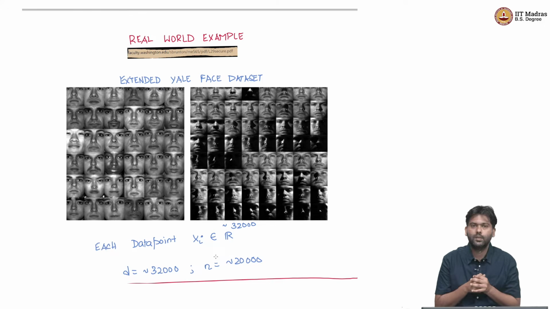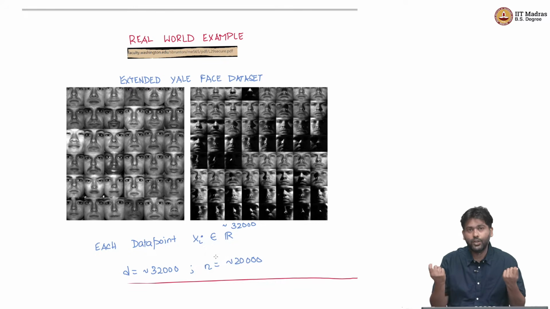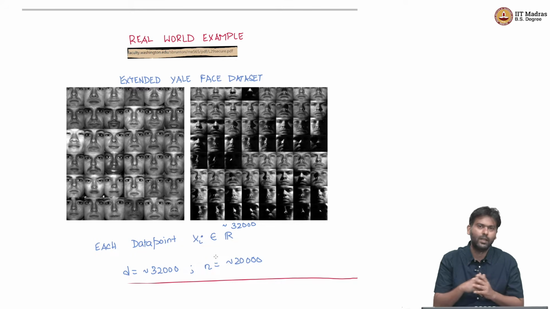What you could do is run your standard PCA, whatever we have seen so far: compute the covariance matrix and look at its eigendirections, and each eigendirection is going to be in the feature dimension. The covariance is a D cross D matrix, so it will be a 32,000 cross 32,000 matrix. Its eigenvectors will also be in 32,000-dimensional space, so the best line that fits will be represented by a vector in 32,000 dimensions.